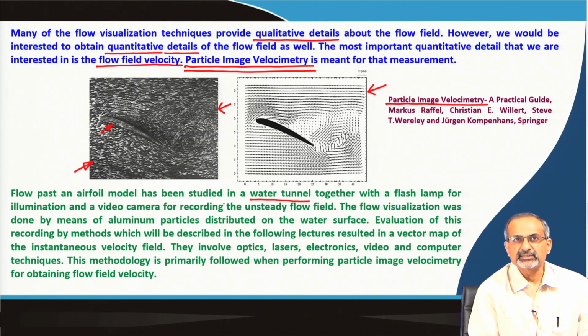When water flows past it, the flow is laden with aluminum particles and it is illuminated with a suitable illumination source, and a video recording of the flow field is done. Later, the sequence of images is fed into a system which can transform it into velocity vectors.